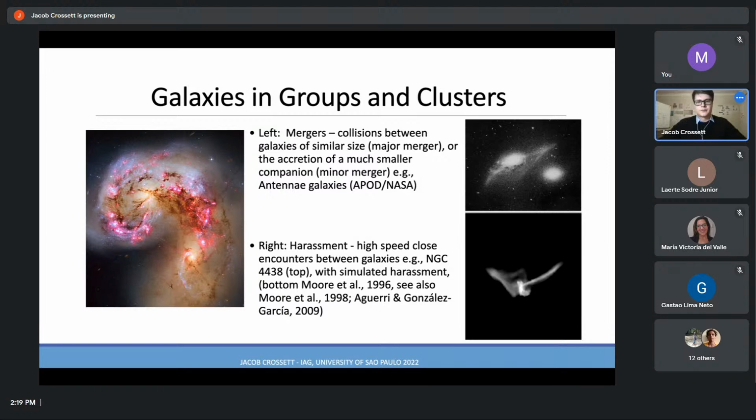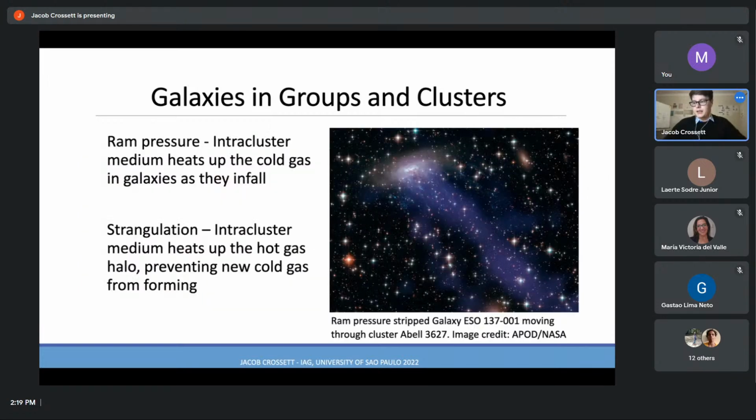interactions. Now, in addition to interactions of galaxies, we also have interactions between a galaxy and the intra-cluster medium, that hot plasma that pervades galaxy clusters. This occurs when a galaxy falls into a cluster, and the gas within the galaxy feels a pressure and a wind from the intracluster medium.